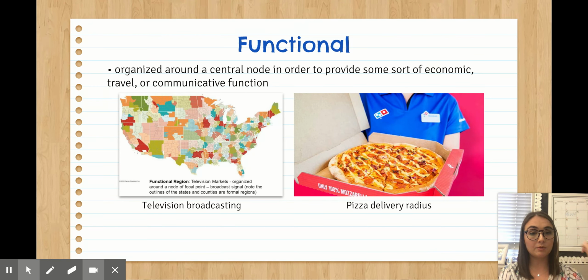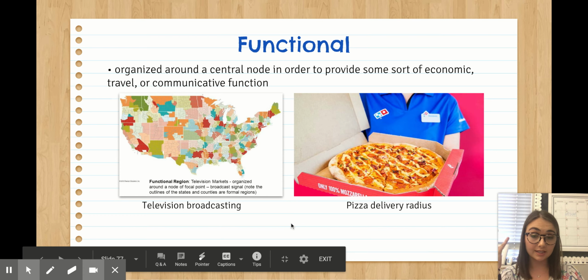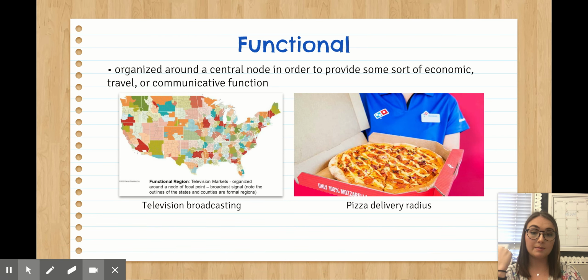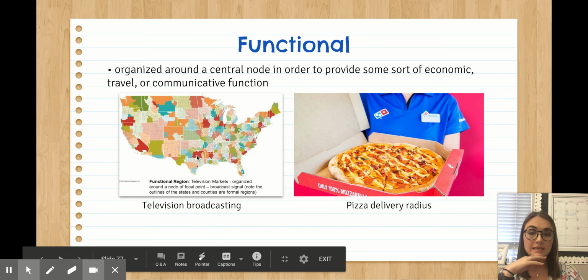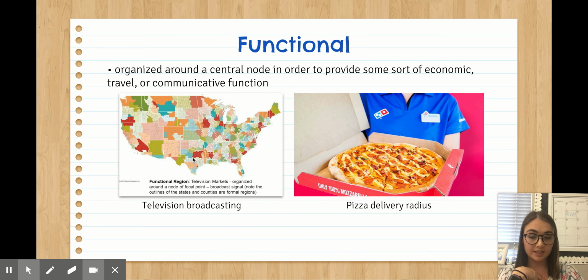The two examples I've given you here are television broadcasting. So you can see the various regions where TV stations actually broadcast news coverage. I mean, there's a reason we can't see the Dallas local news. It's because we are not located in the region in which they're going to broadcast that.